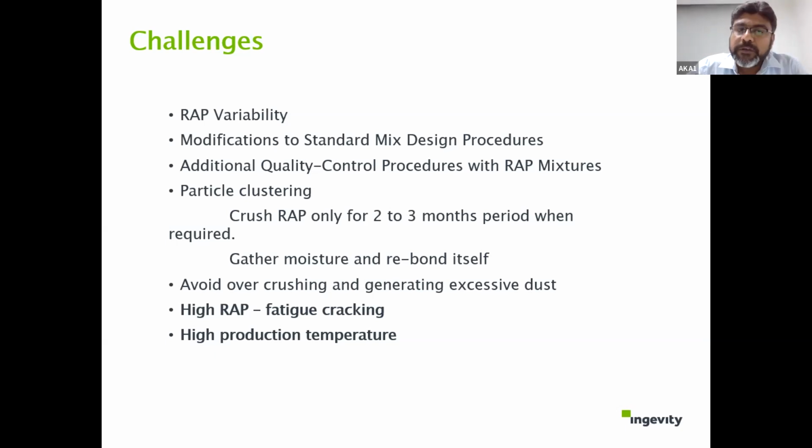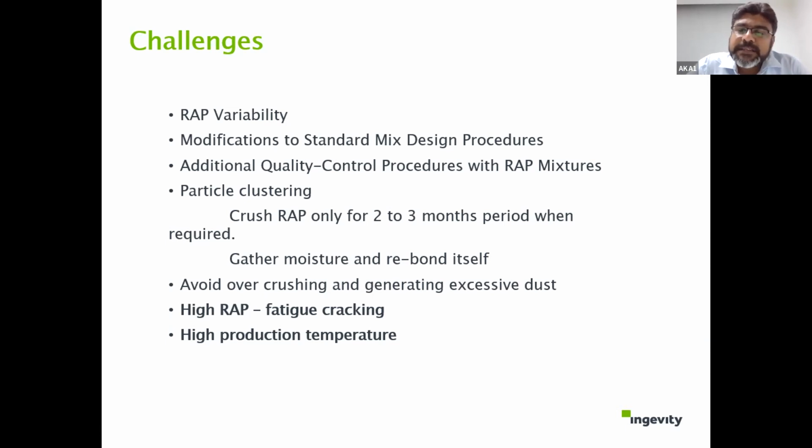The second thing is modification to standard mix design procedures. We don't have a specific procedure for hot mix recycling; we are currently adopting the same one. What makes the difference is that in hot mix, we do a proper design based on Marshall methods or whatever the design specification gives you, as per IRC 37 and things like that.